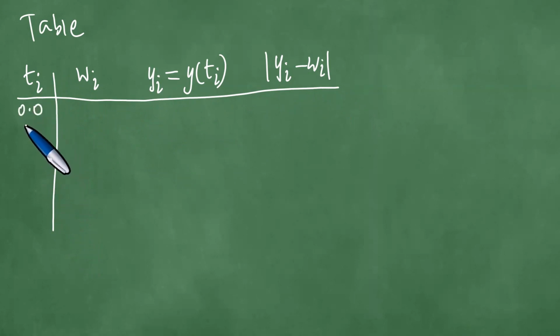Then we just add 0.5, and a couple of the 0.5 values, etc. 0.8. What is W?